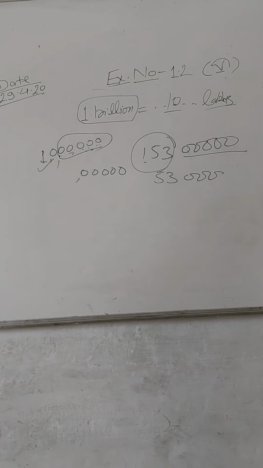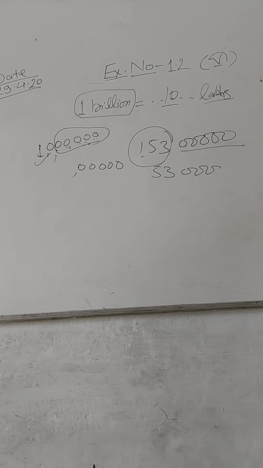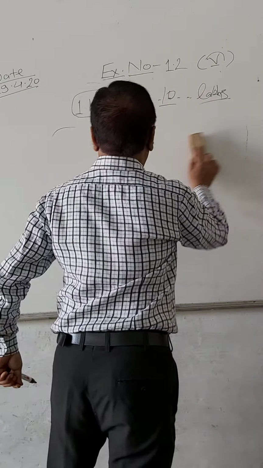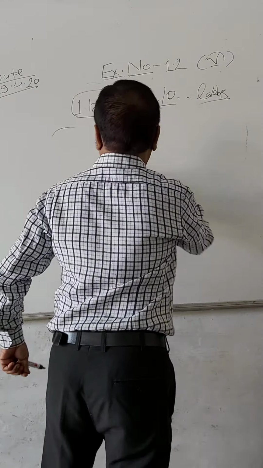Next number you convert. 10 crore is equal to how many million? Crore is used in the Indian system. Now 10 crore is equal to how many million? You have to tell how many million. First write this number 10 crore.